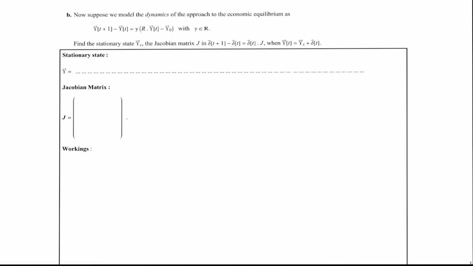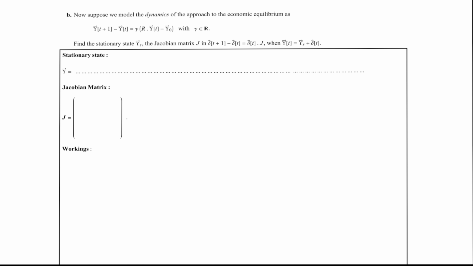Part B, now suppose we model the dynamics of the approach to the economic equilibrium as vector y, brackets t plus 1, minus vector y t is equal to gamma, brackets r multiplied by vector y t minus vector y naught, close brackets, with gamma is a real number.